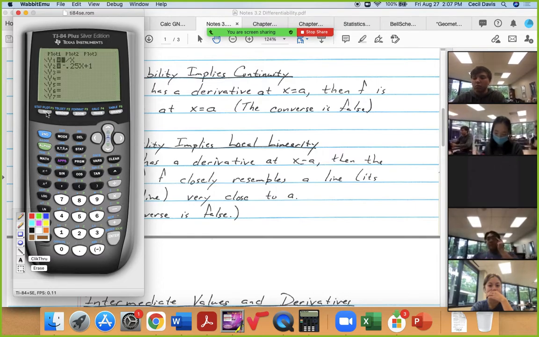Let me find a place where I can zoom in on this well. Let's see, where do those two intersect?